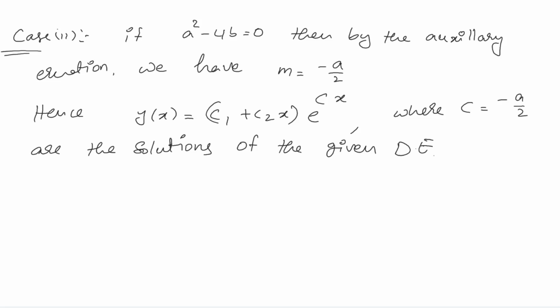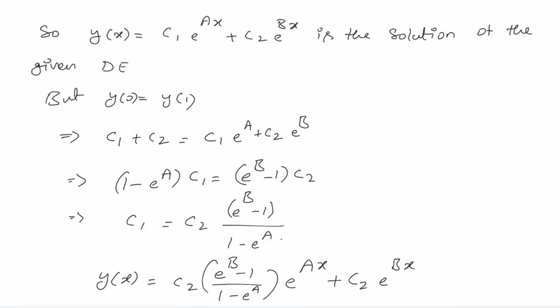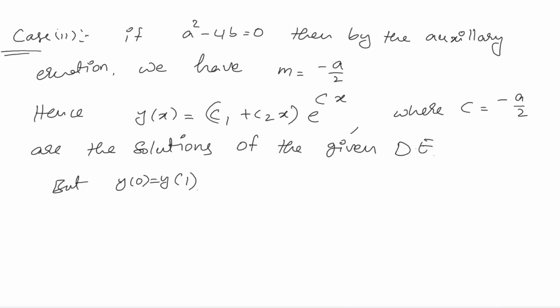But it is given that y of 0 equal to y of 1. The solutions of this differential equation come from the given second order homogeneous differential equation. So one should have that knowledge, then only we can see how it is.